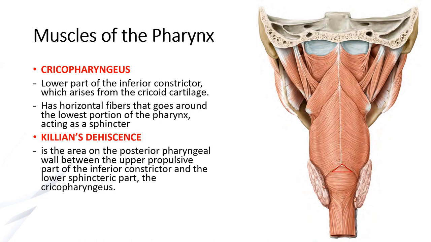It represents a potentially weak spot where a pharyngoesophageal diverticulum may occur. It is also a potential site of perforation, particularly during esophagoscopy. Esophagoscopy is what we do when we have to remove foreign bodies in the esophagus of, let's say, children or adults.